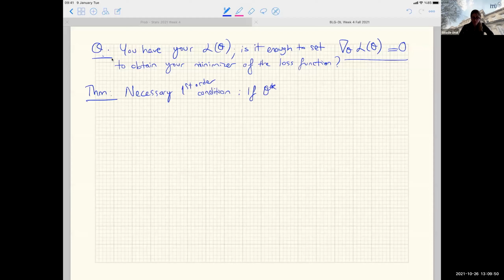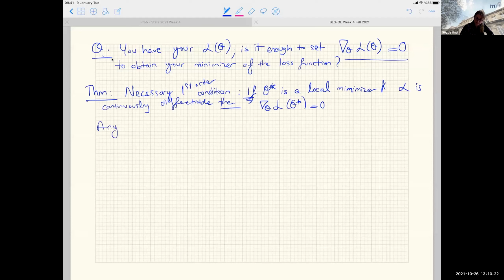If theta star is a local minimizer and the loss function L is continuously differentiable, then the gradient at theta star is 0.